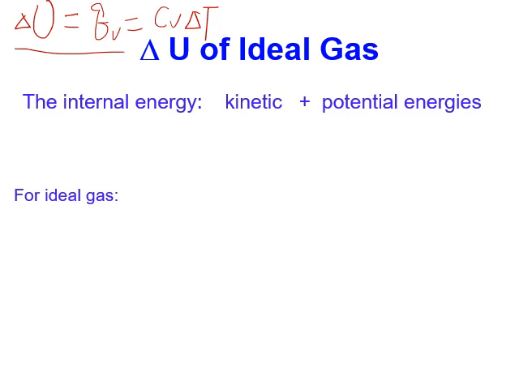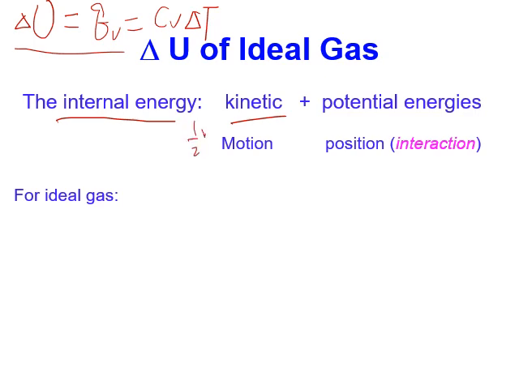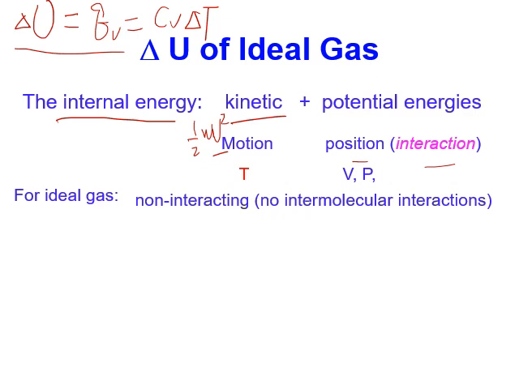The internal energy is the sum of kinetic energy plus potential energy. Kinetic energy is a measure of motion, how fast it goes. For example, physics says half mv squared. Potential energy is related to position, intermolecular interaction. For an ideal gas, there's no intermolecular interaction, and therefore potential energy is zero.